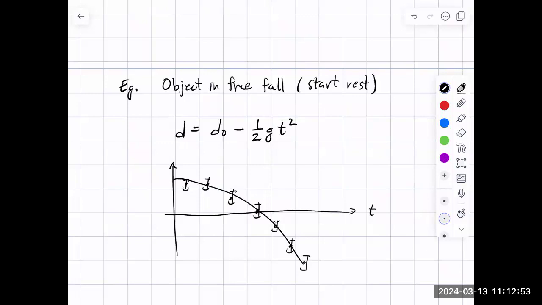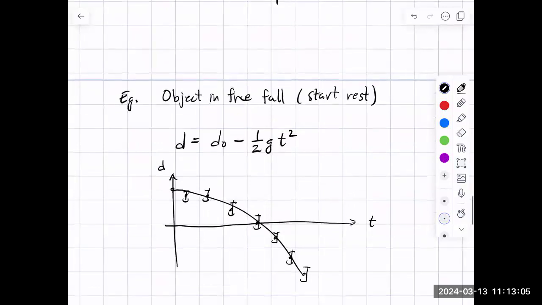And the change in position gets greater and greater for equal time intervals as the little mass accelerates due to gravity. And so here the intercept would be d0. Okay. So instead of doing something like this, how could I analyze this data with a linear fit? What would I want to plot?